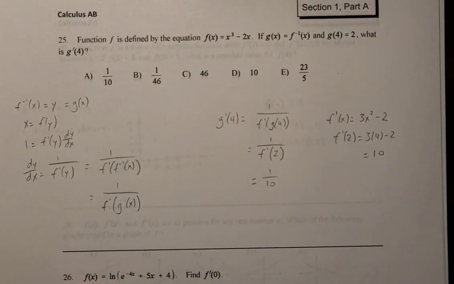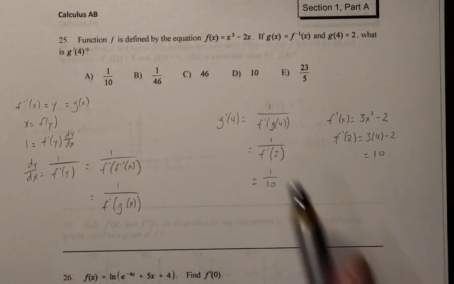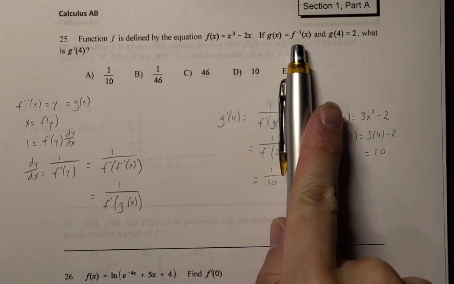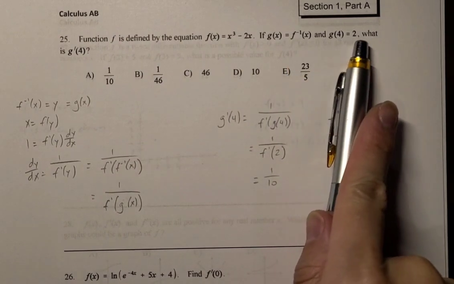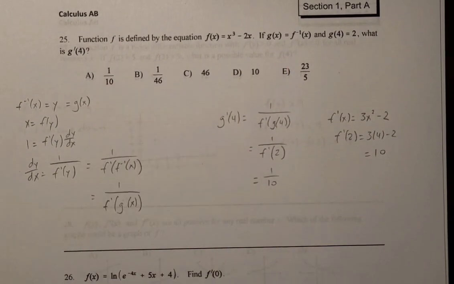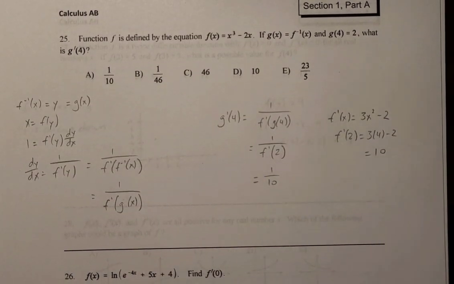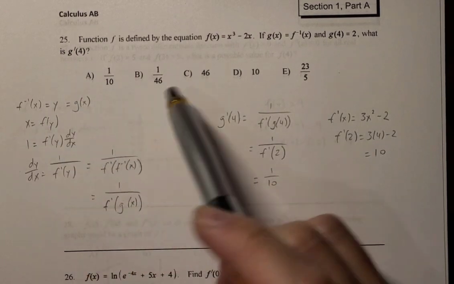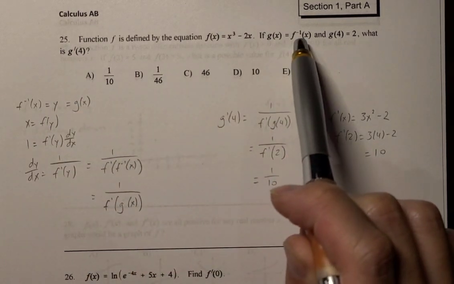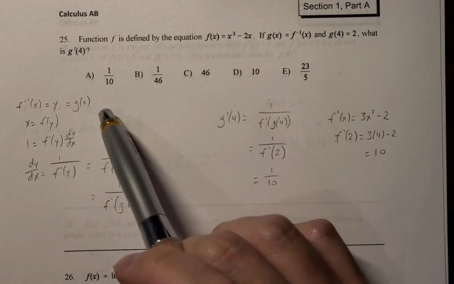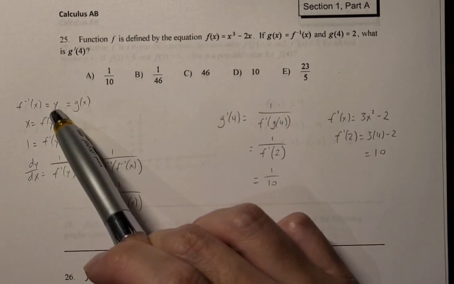The function f is defined by this equation. If g is f inverse and g of 4 is 2, what is g prime of 4? Okay, so this is a classic derivative of an inverse question, and as always, I never remember the formula, so I always quickly derive it. So we are given that f inverse is g, right? So let's call that y.